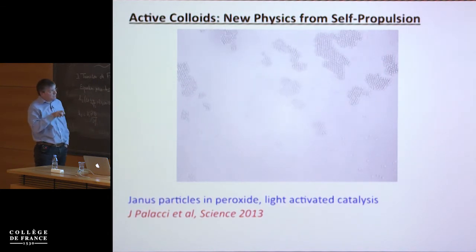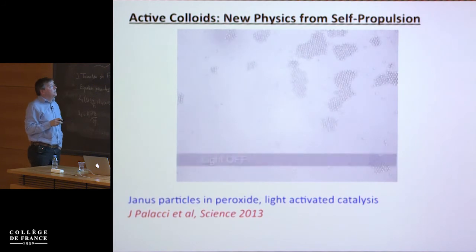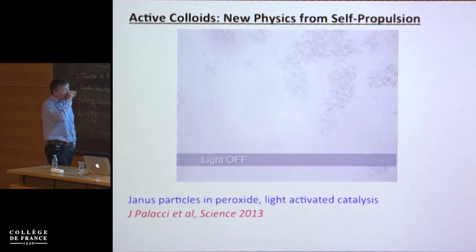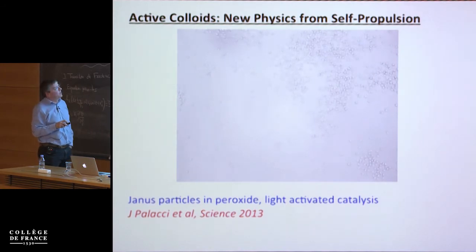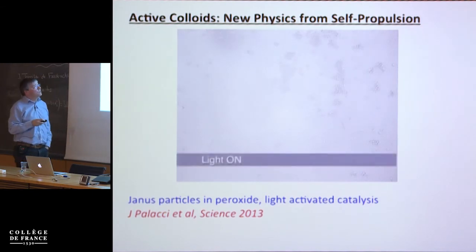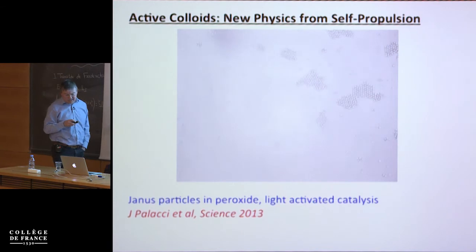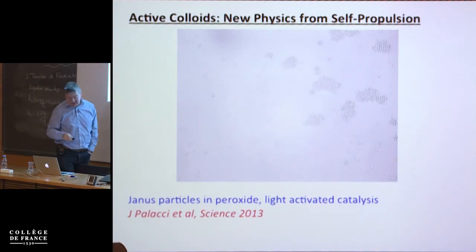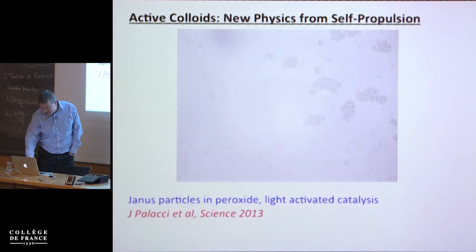They happen to have a light-activated catalysis of the fuel, so when you turn the light off, they behave with the ordinary Brownian motion of passive particles, but as long as the light is on, they have the self-propulsion, and as you saw and see again now, this causes them to clump together and progress at least some of the way towards phase separation, crystallization in this particular case.